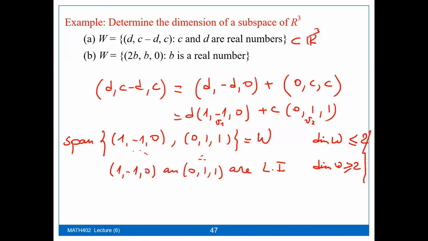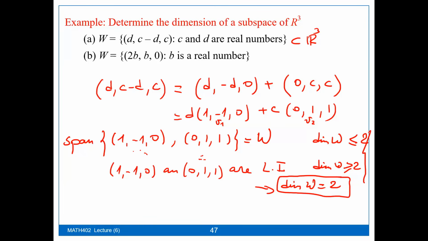Together, it's a spanning set and it's linearly independent. This means that the dimension of W is 2. Okay, so this is a proper subset of R3. It's not the trivial subset. And these two vectors are a base of W.